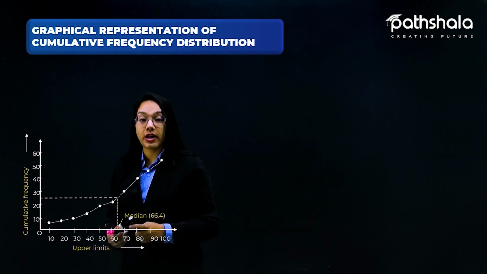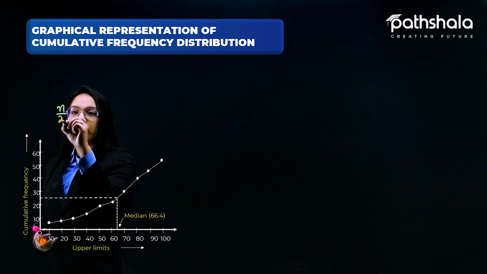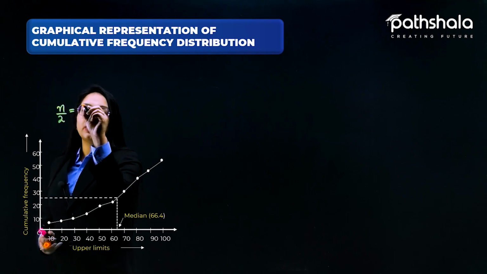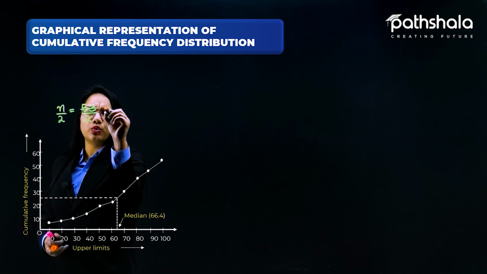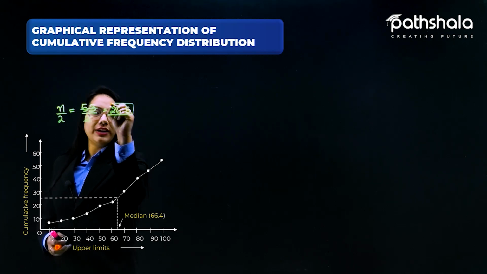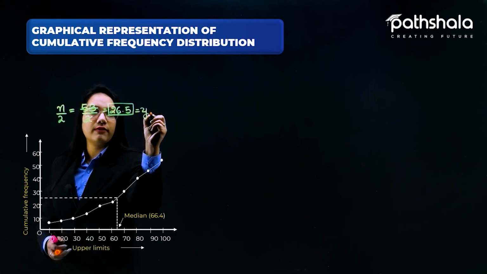First of all, the very first step is to find the value of n by 2. The sum of all the frequencies represents n, and its value was 53. So 53 by 2 is equal to 26.5. We take this 26.5 as a y value, a y coordinate.